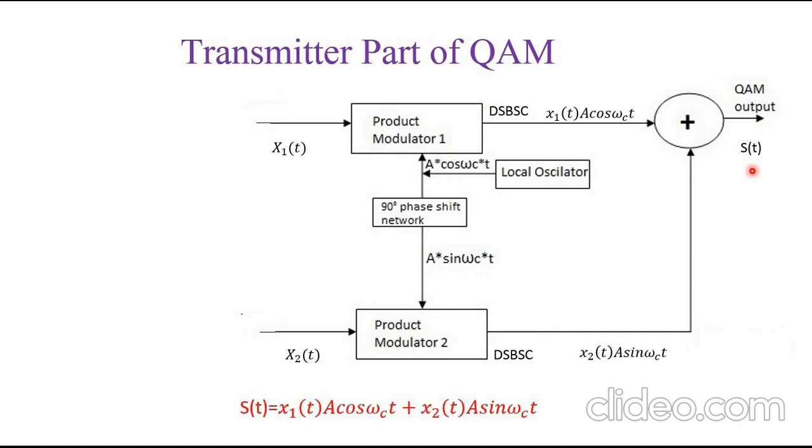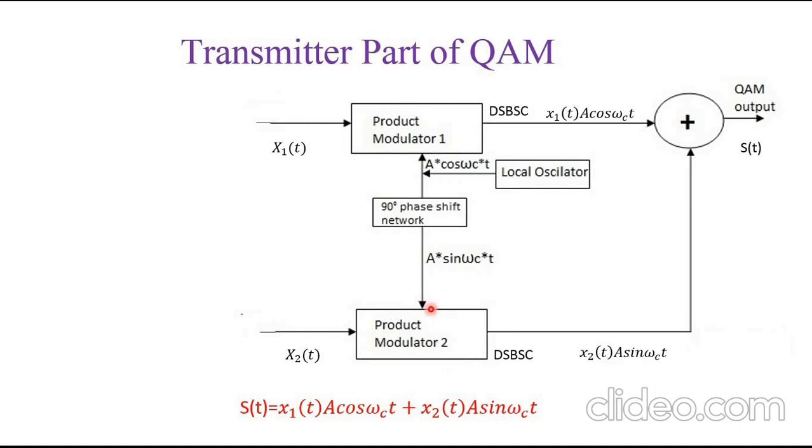So that is what we deal with in the transmitter part. First, we need to understand what this DSBSC output is. That is just a multiplication of inputs as per the product modulator.